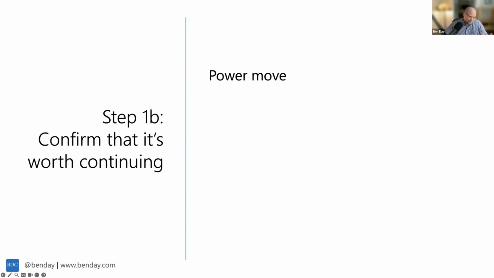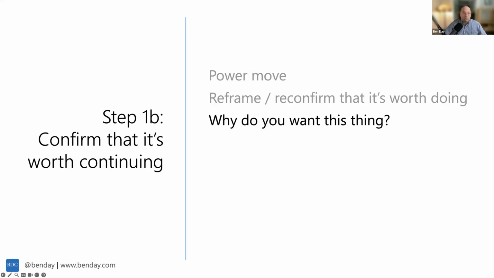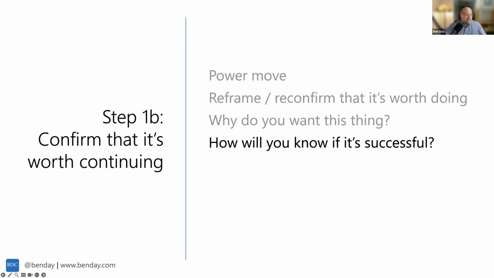And that's probably not realistic, right? So coming into this and trying to reframe and reconfirm that what you're doing is worth doing gets people thinking about that. It starts enlisting stakeholders, managers, and executives in revalidating that it is worth doing. Why do you want this thing? And then probably ask the question, how will you know if it's successful?